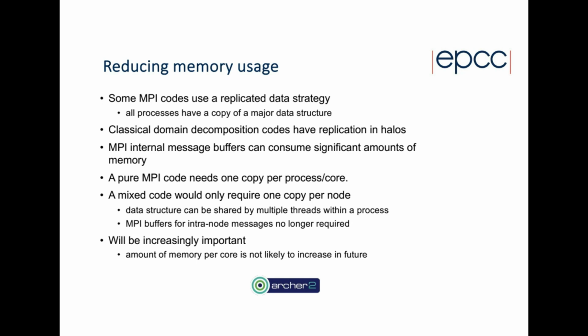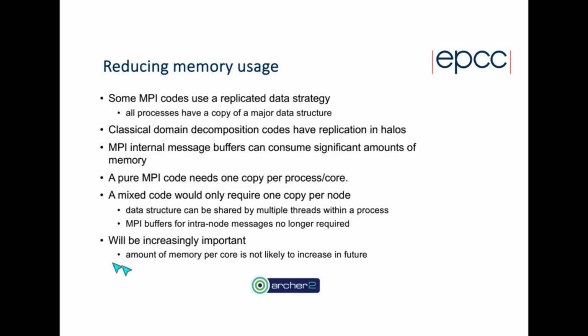It will also reduce the number of MPI buffers required, because those buffers which are used to send intranode messages, so messages between MPI processes running on the same node via shared memory, typically also consume some buffer space. Those will no longer be required.